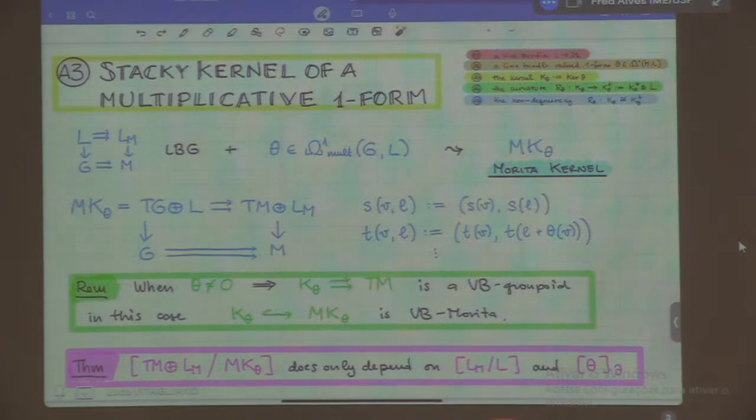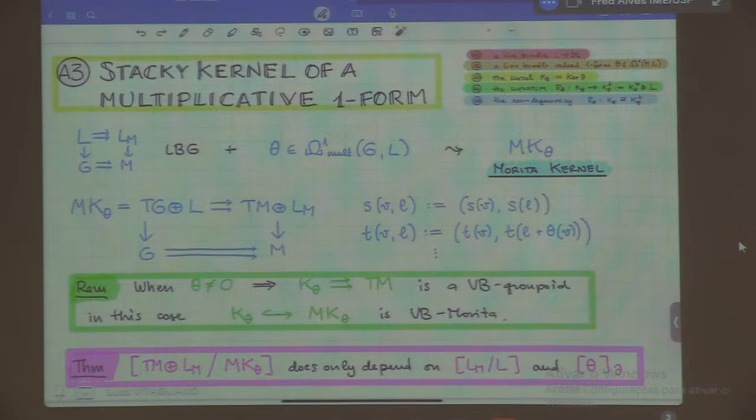So how can we be so sure that this is a good replacement for the kernel? Well, we have a strong indication in the case when theta is everywhere non-zero, then we can take its honest kernel, right?